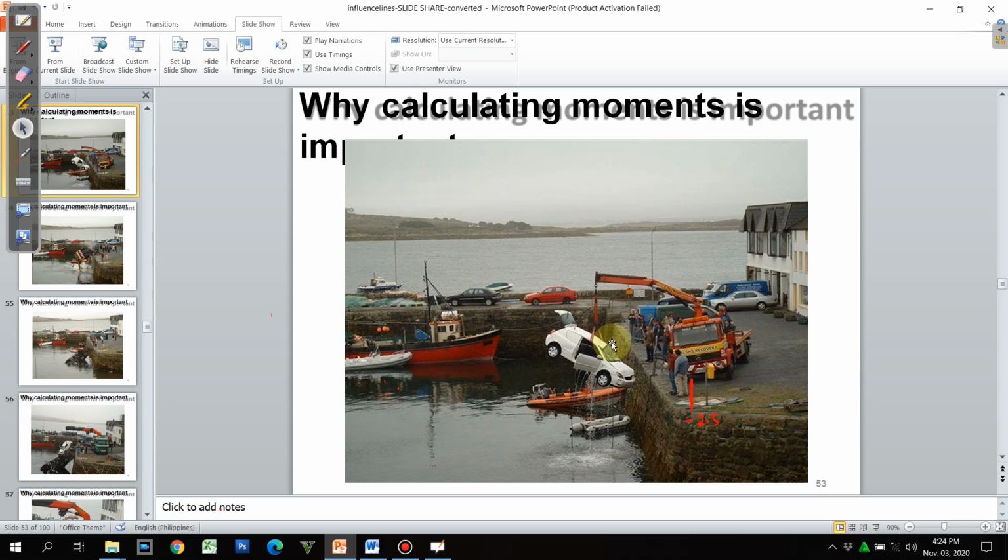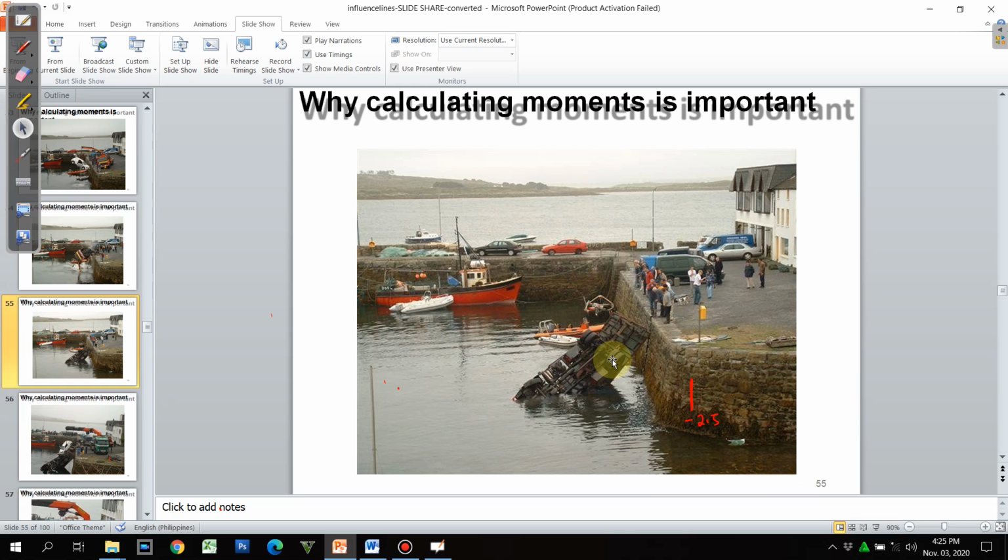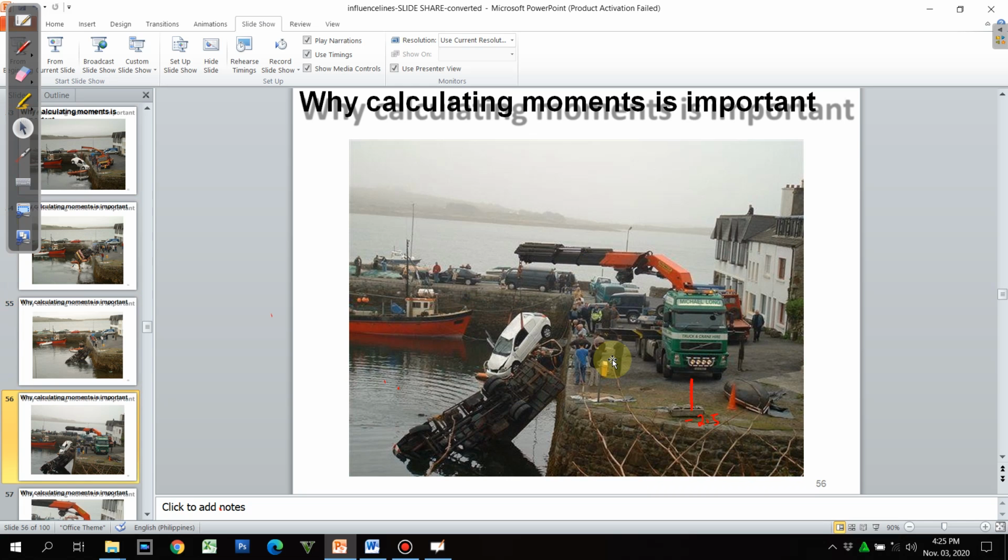So it lifted the white vehicle until the truck finally overturns together with the white vehicle. So a bigger truck would tend to lift the truck and the white car a while ago.